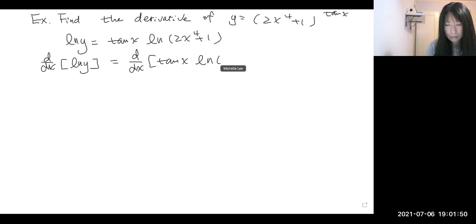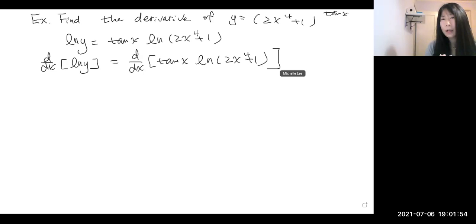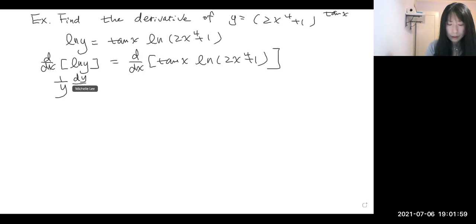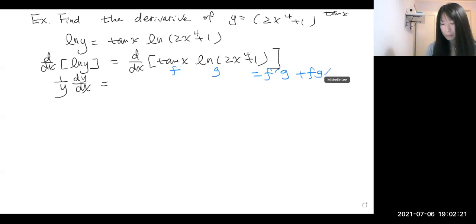Now, with the derivative of ln y, we have experience, which is 1 over y, dy over dx. Now the derivative of the right side. Can you please mute? It makes an echo, right? So we do the product rule f g, which is f prime g plus f g prime. f prime, what do you get?